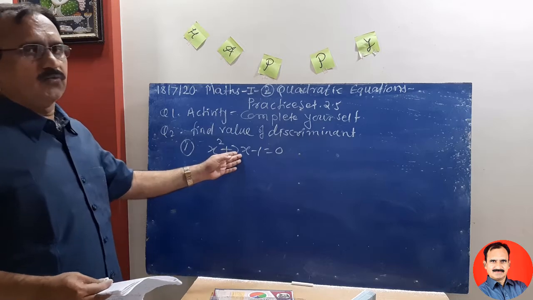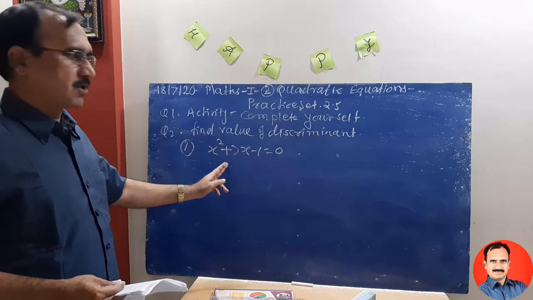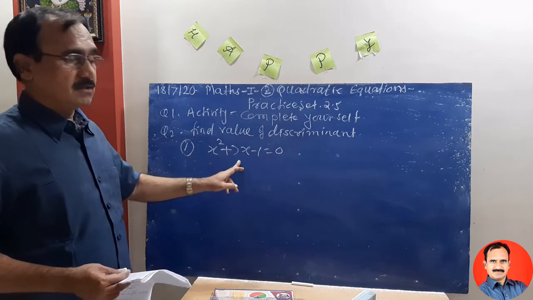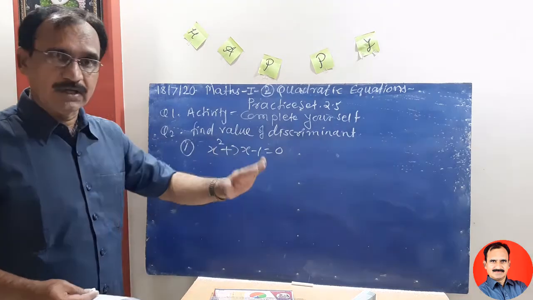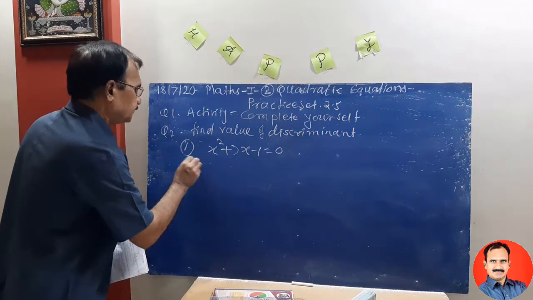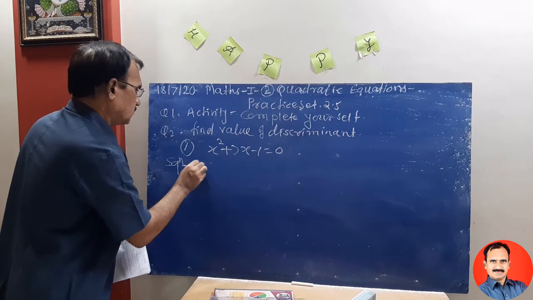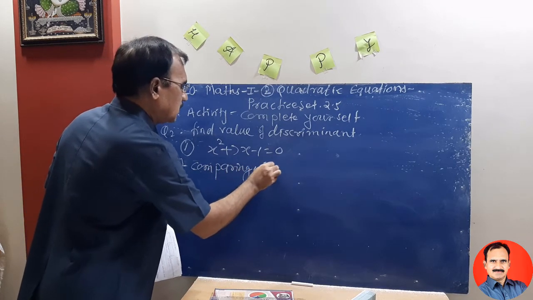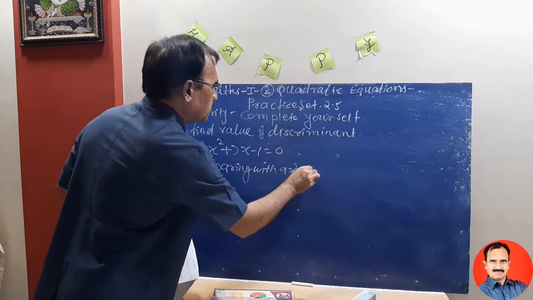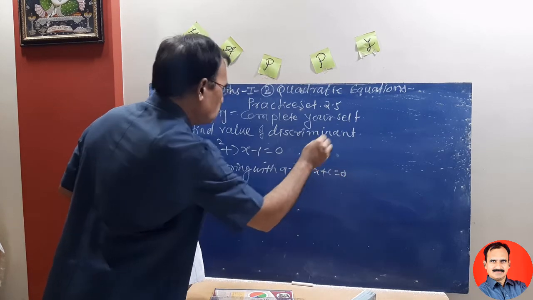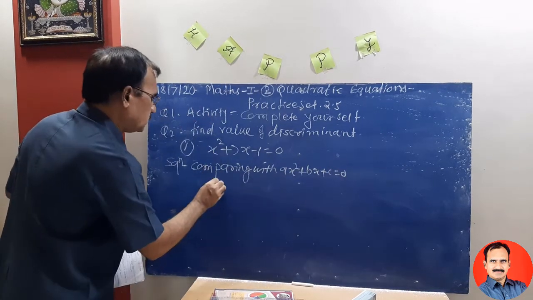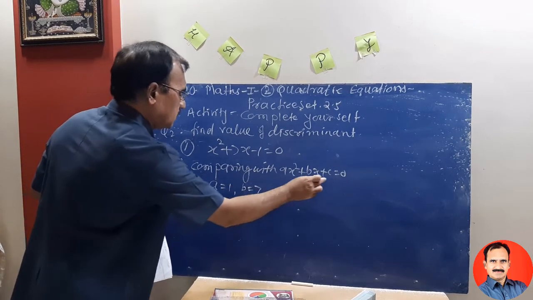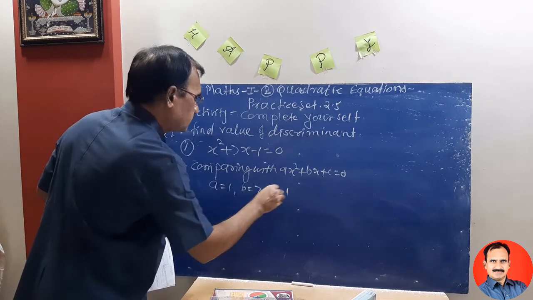If we want to find the value of the discriminant from this quadratic equation, what do we have to know first? A, B, C. How can we find A, B, C? By comparing with the standard form, ax square plus bx plus c is equal to 0. A is equal to 1, b is equal to 7 and c is equal to minus 1.